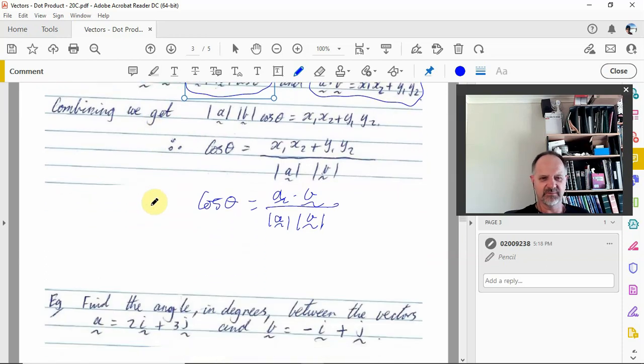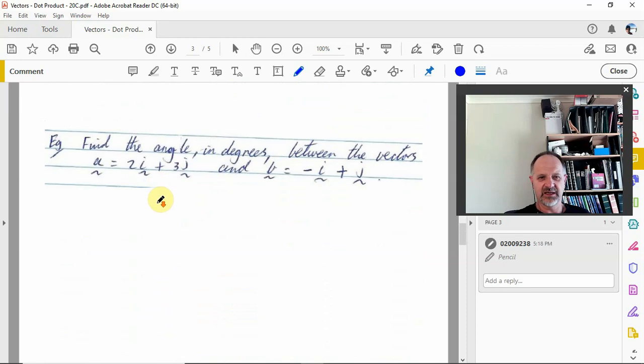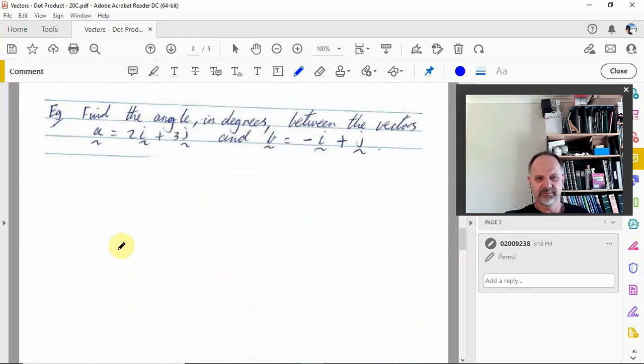So let's have a look. Find the angle in degrees between the vectors. Okay, so we've got these vectors in i j form. So our A dot B part we get from doing the dot product of those two vectors in the algebraic form.